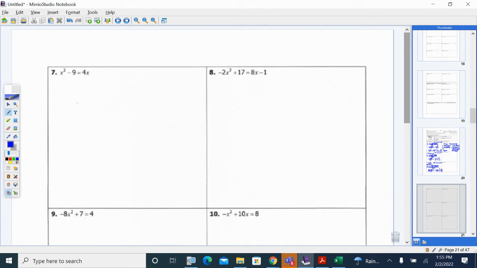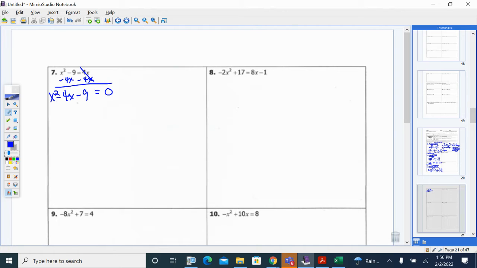Looking at example number 7, I have x squared minus 9x is equal to 4x. We're going to subtract the 4x. Now be careful on this one. When you subtract 4x from both sides, we do get our 0 on the right. There's nothing to subtract 4x from, and we want to make sure that we put this in standard form. So x squared minus 4x minus 9 is equal to 0.